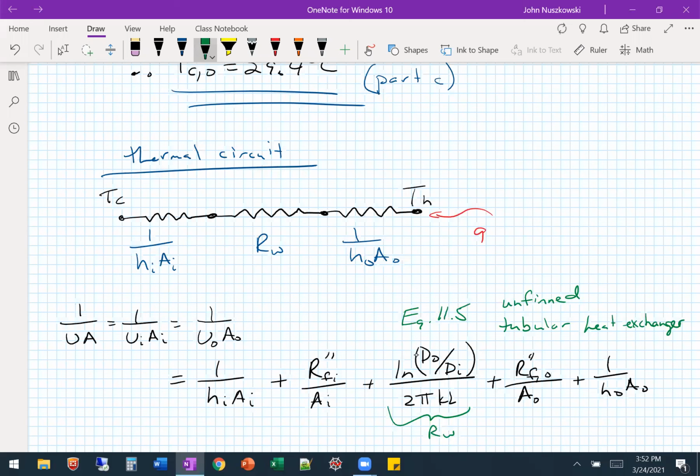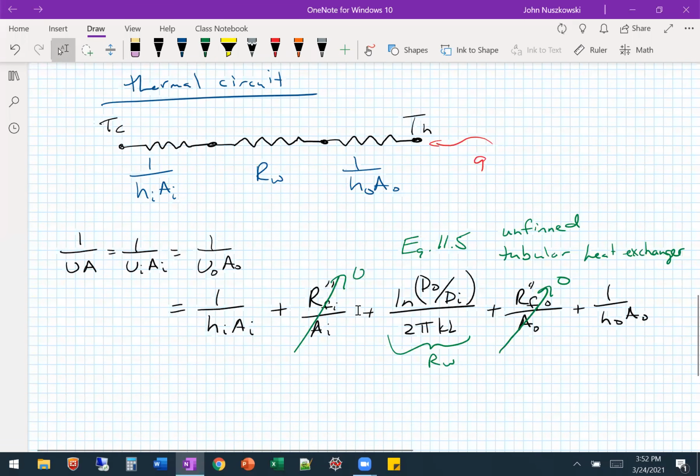All right, so we have in our thermal circuit, we had convection, the conduction, convection. So that means we have neglected and said there's no fouling, right, in part A. So if we look at this, now let's go through and see what we have, what we don't have. We're looking for this, right? So that means we need to come up with equations for the surface areas.